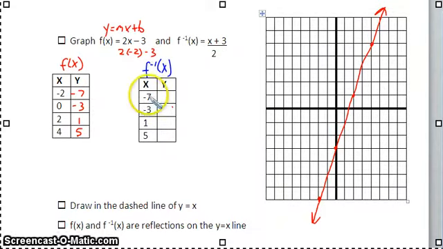I specifically picked these x values on purpose. Notice that they're the exact same y values that I ended up getting when I used those x values in the function. So if I use these x values, look what's going to happen with the y values that I get. When I plug a negative 7 in, I end up getting a negative 2.